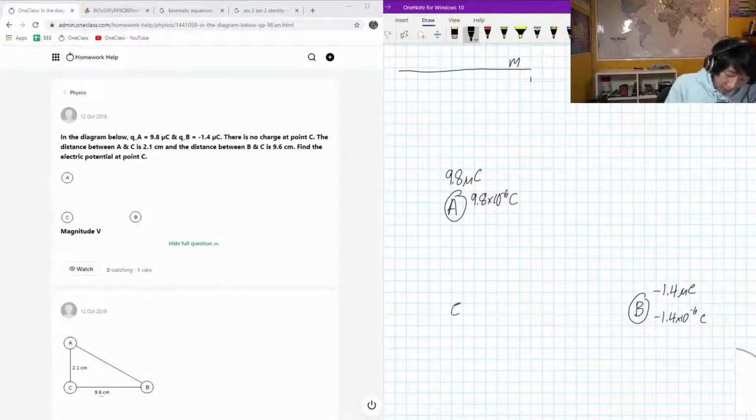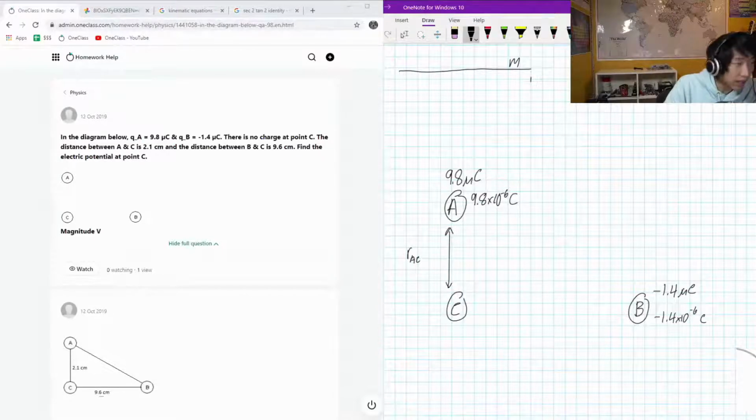Okay, and we have point C that is kind of like, if this was a right angle triangle, C would be where the right angle is. C has no charge, and the distance between these two, let's call this RAC, here we have 2.1 centimeters, also known as 0.021 meters.